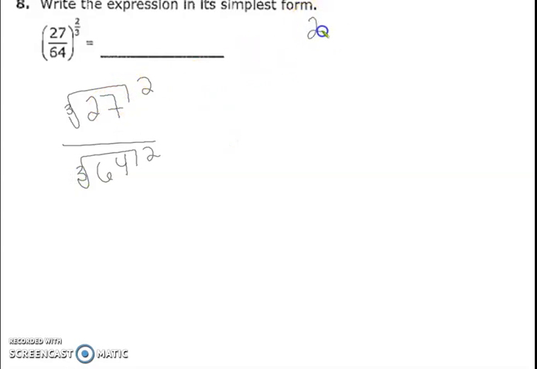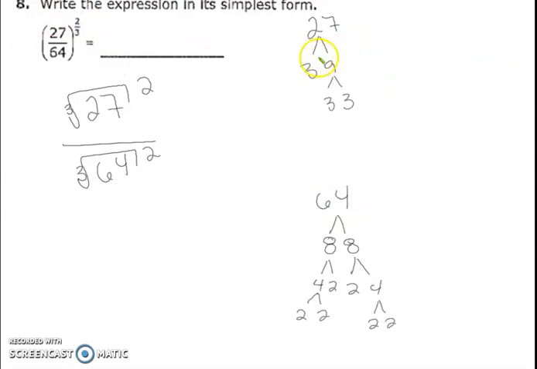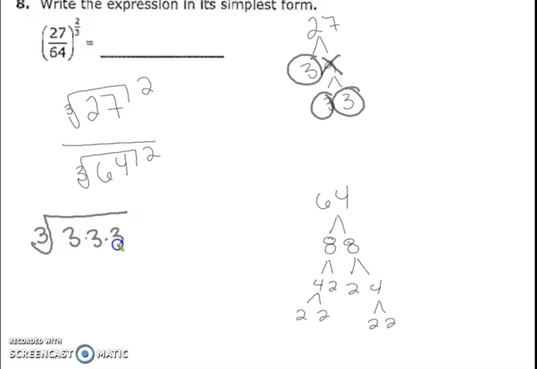So let's do the factor tree for 27. Pause the video real quick and do the factor tree for 27 and 64 on the side. So my factor trees, over here I have 3 and 3 and 3 under my 27. So I'm going to rewrite that as 3 times the square root of 3 times 3 times 3.